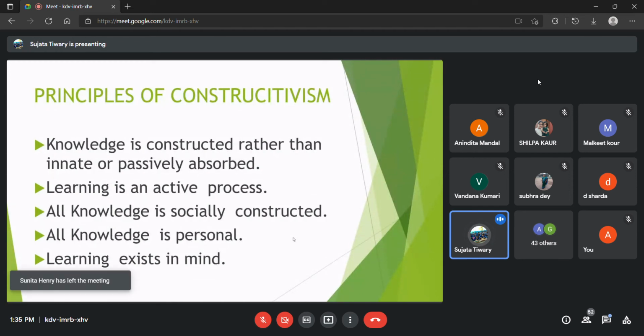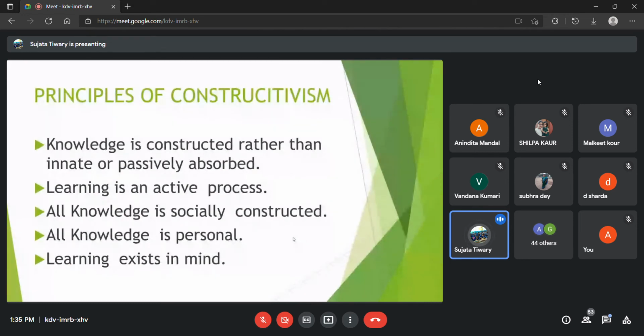The children are constructing it through their experiences, through their interaction, on the basis of previous knowledge, but it is not inborn. At the same time, it is not passively absorbed. Here the learners are active participants. They learn through active participation.